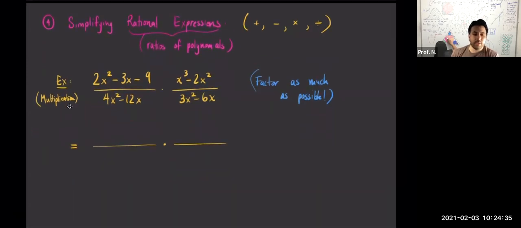So how do we factor, for example, 4x squared minus 12x? What's the GCF? 4x. That's right. So 4x, and I'm left with x minus 3. Good. Next. X cubed minus 2x squared. What can I factor out of this one here?